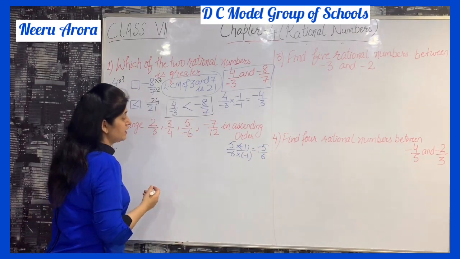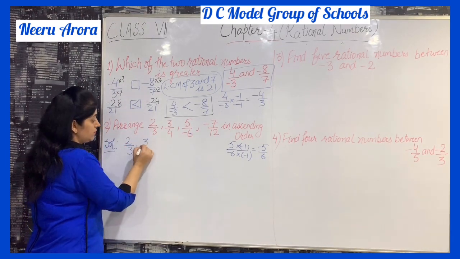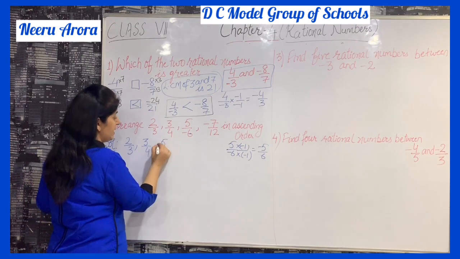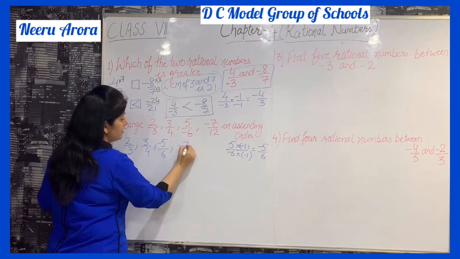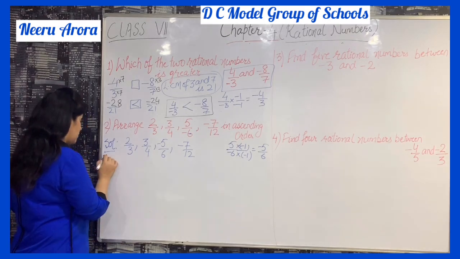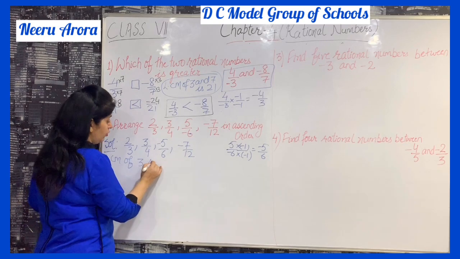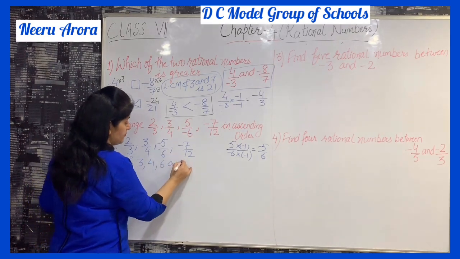So we get -5/6. So now we have rational numbers 2/3, 3/4, -5/6, -7/12.